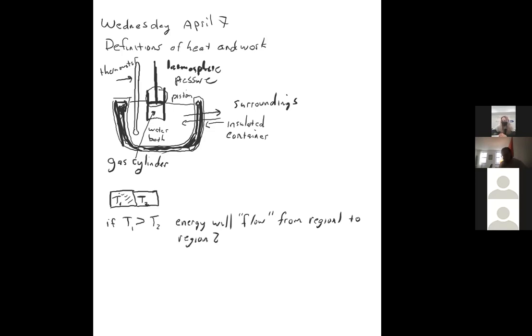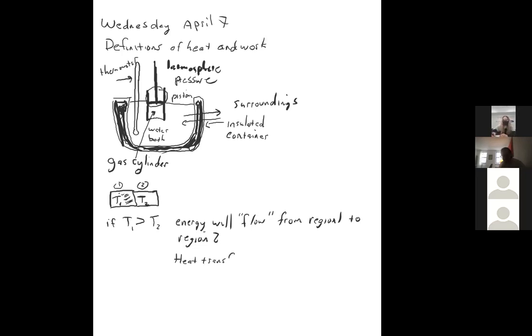Okay, so if the temperature over here on the left side is greater than the temperature on the right side, energy will flow from that first region, region 1, into region 2.